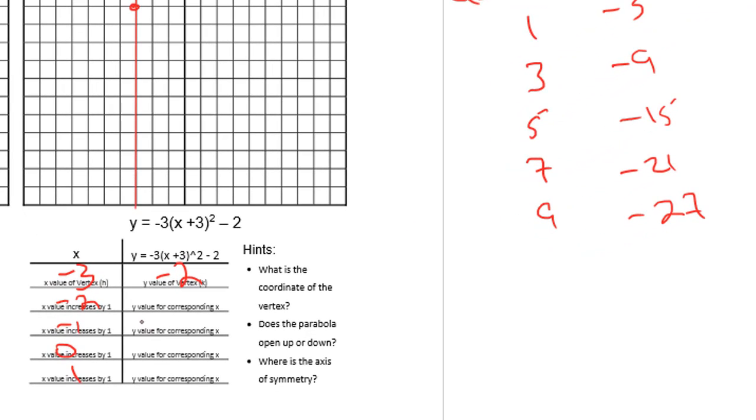So the next value of y is going to be negative 2, the previous value, and then using our step pattern, we're going to add negative 3. Well, adding negative 3 is the same as subtracting 3, and we end up getting negative 5. Now, we're going to take negative 5, and our next value on our step pattern is going to be negative 9, so we're going to subtract 9, and we end up getting negative 14.